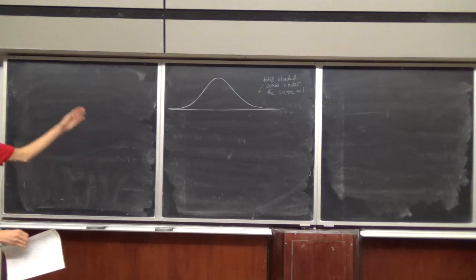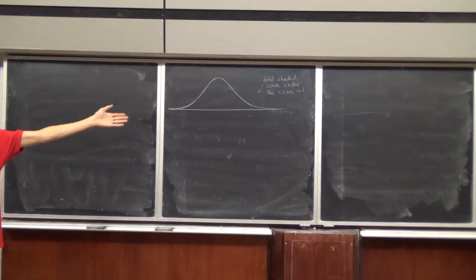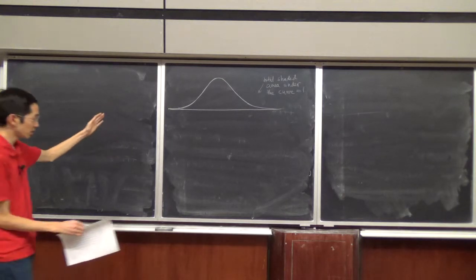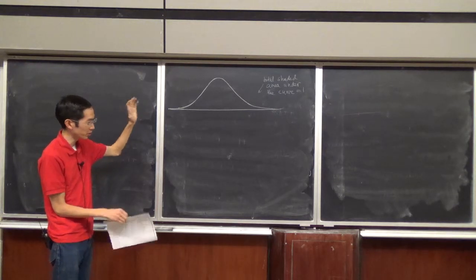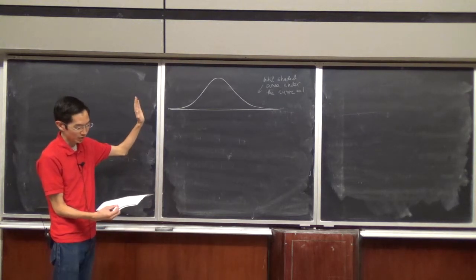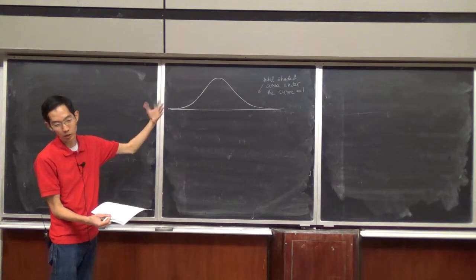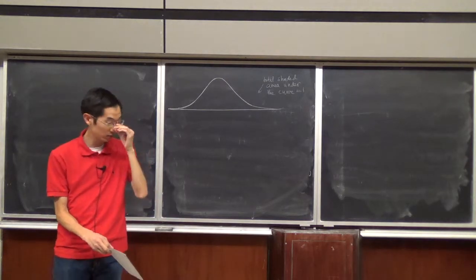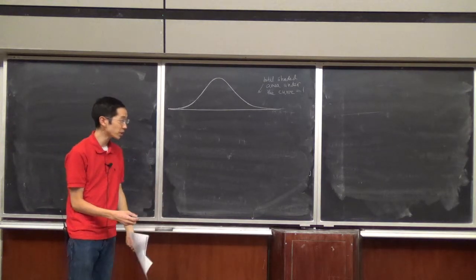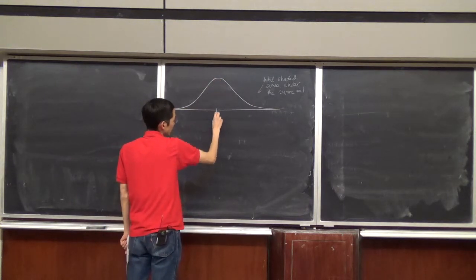Technically, the curve extends all the way to negative infinity and all the way to positive infinity, although the vast majority of what you will see will be between, I would say, negative 3 and positive 3. Sometimes you get numbers beyond that, but rarely. Okay, so the thing is centered at 0.